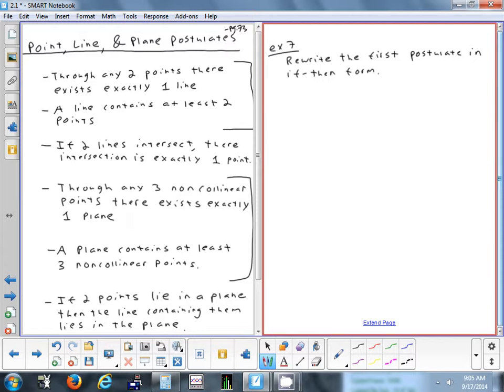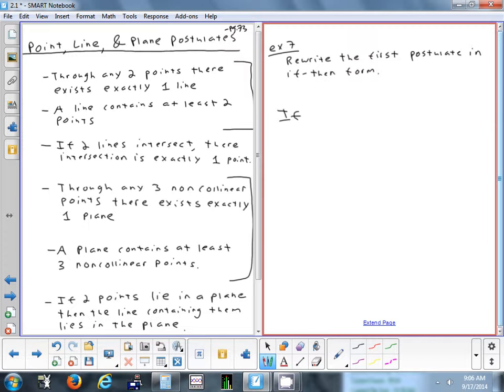There's a couple different ways you could word it, but it's still going to basically be the same idea. Yeah? If there are 2 points, then there is exactly one line. So if we have 2 points, we have to be slightly clear that the points have to be distinct. If you had 2 points like that, those aren't distinct. They're the same point. So I'm going to make that clarification here.